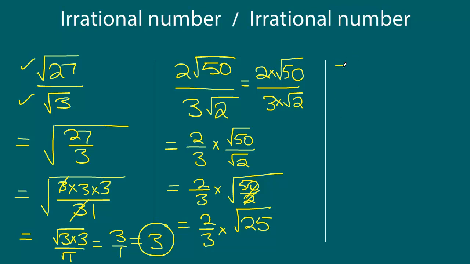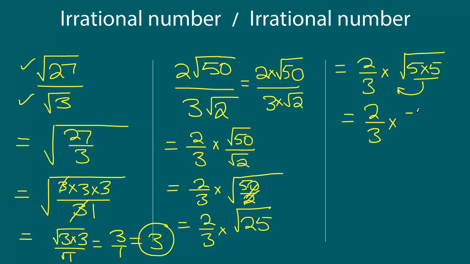Or let's continue here. We have 2 over 3 times 25 is nothing but 5, square root of 5 times 5, and 2 by 3 times, for every 2 common factor 1 comes out, so 5 times square root 1, square root 1 is 1, so we have 2 over 3, 5 times 1.